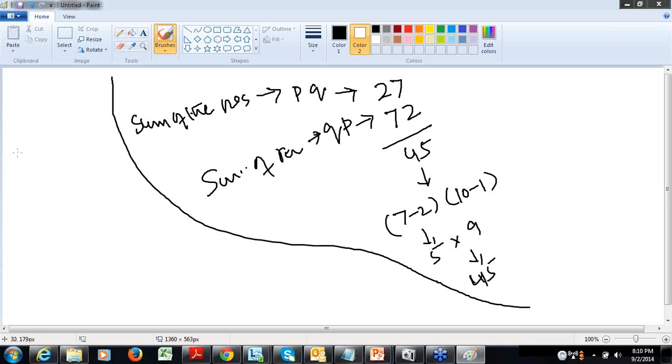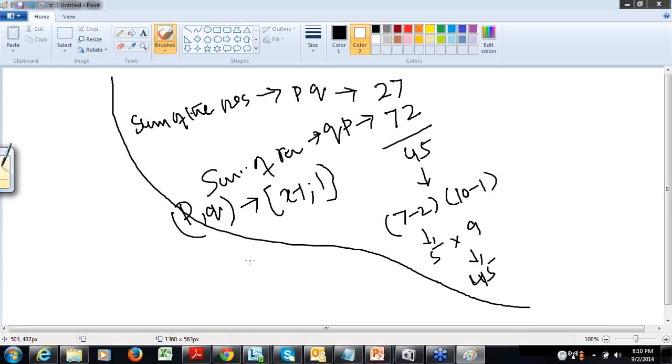It is asking what is the maximum possible value of X. So PQ will be maximum when P is X minus 1 and Q is 1.